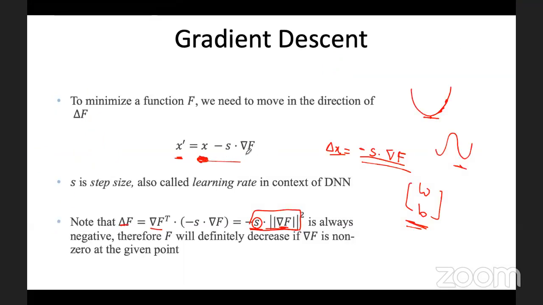But to calculate this gradient, you need to do it for all the parameters that you have. If you have 1000 weights and biases, you do it for all 1000. You calculate the gradient, multiply it by some learning rate S or step size, and update all the weights and biases. That is all we want to do.